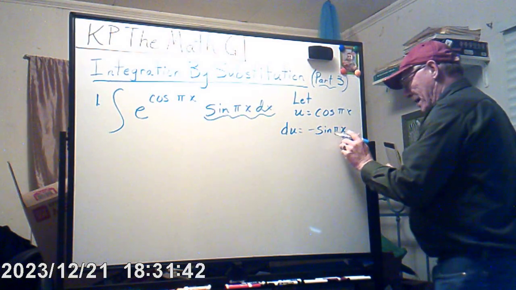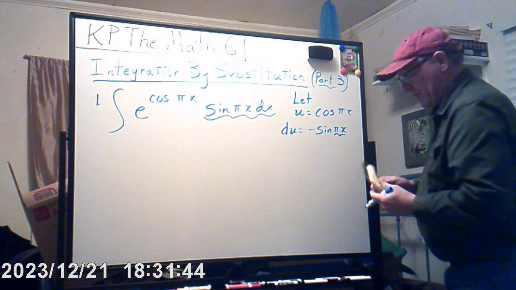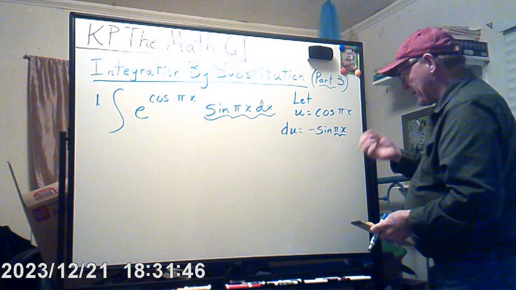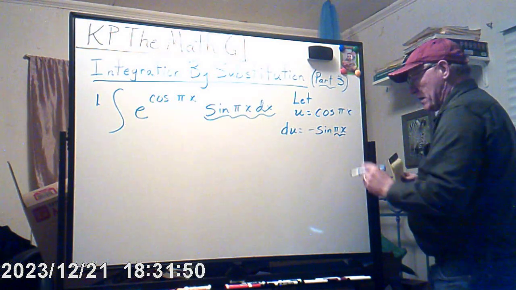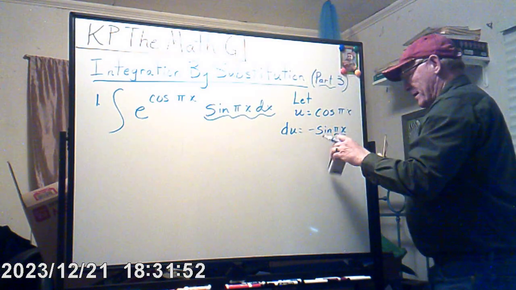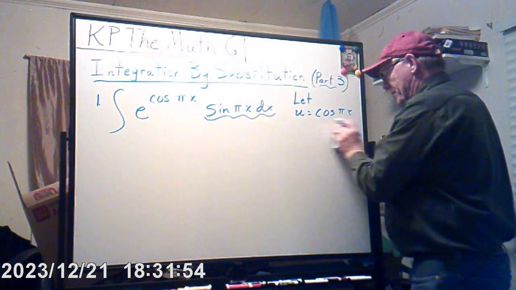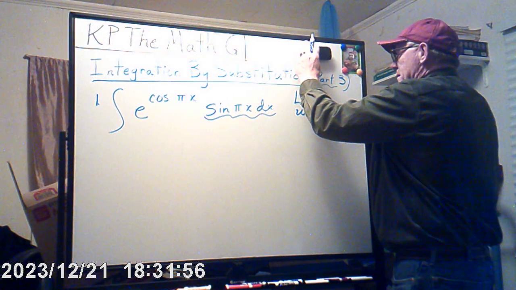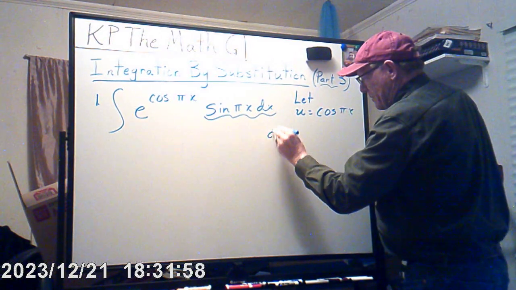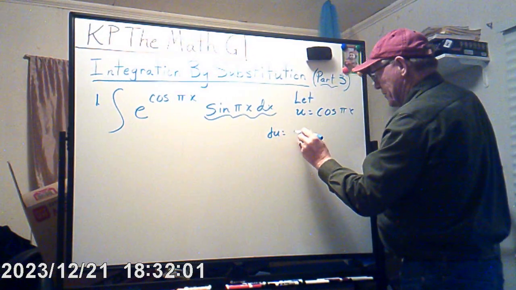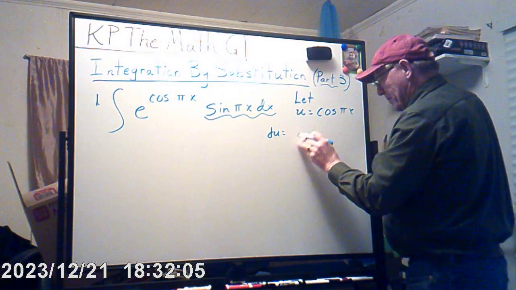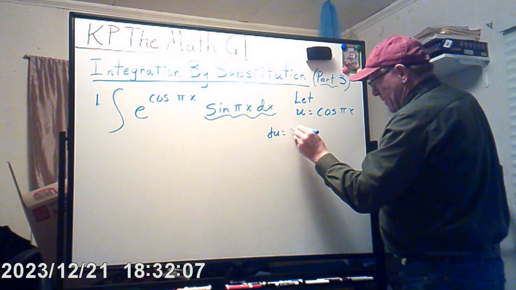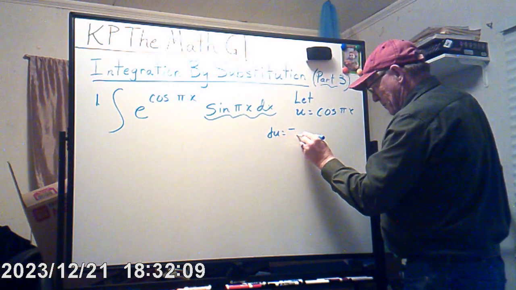Now remember, we have the chain rule, so we have to take the derivative of pi times x, which is just pi. Let me scoot my du over. I just need a little more room here. du is equal to, okay, I'm going to leave a little space here because I'm going to need it. I'm going to put a negative sign and put a blank here.